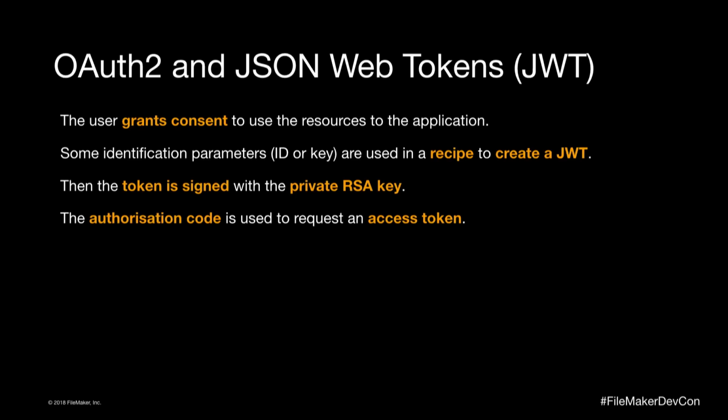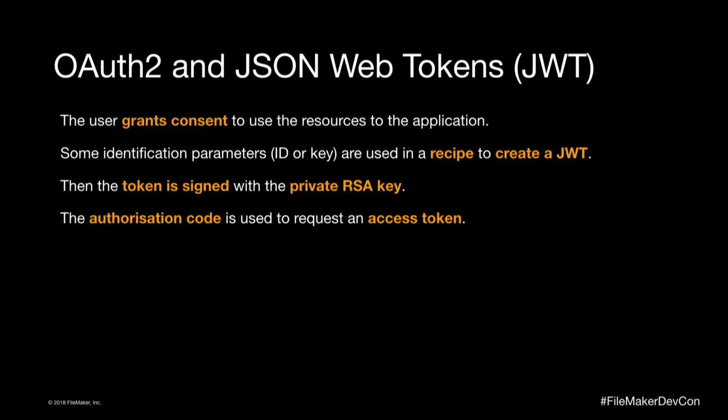So those steps there are the normal sequence of OAuth2. We have to grant consent. It normally happens in the website of the system. Like on DocuSign, we say this user is going to be able to do requests, and they give us some parameters. So there's a couple of keys, a private key and an identifier.